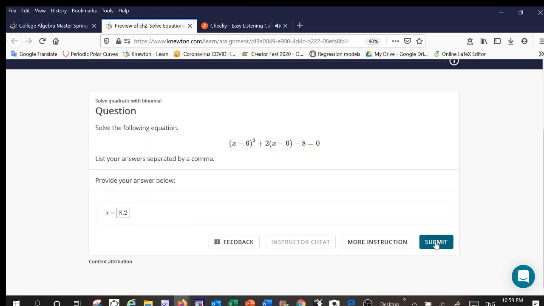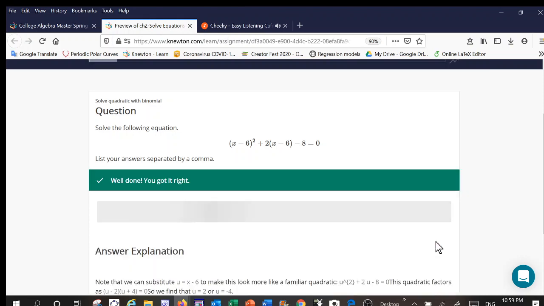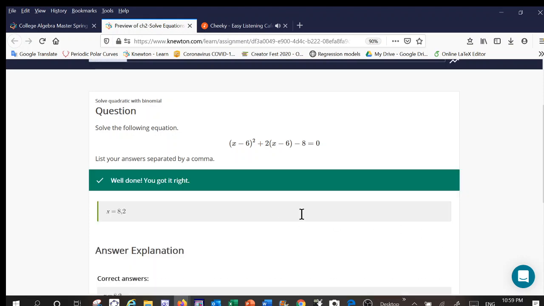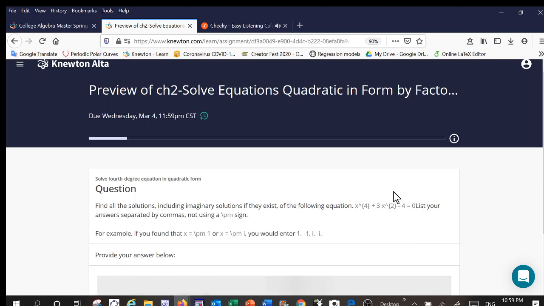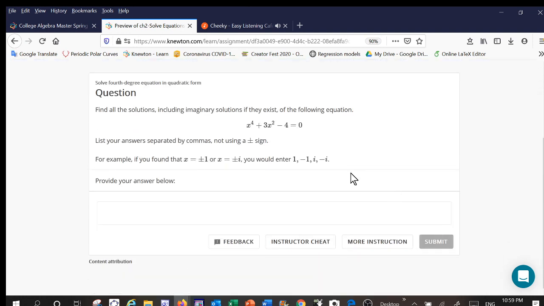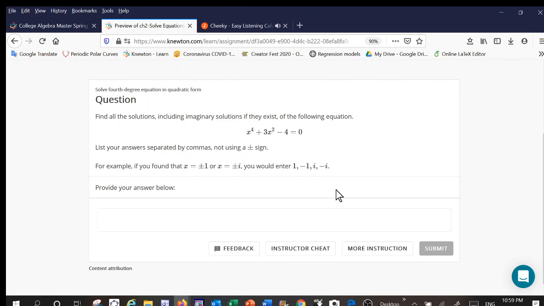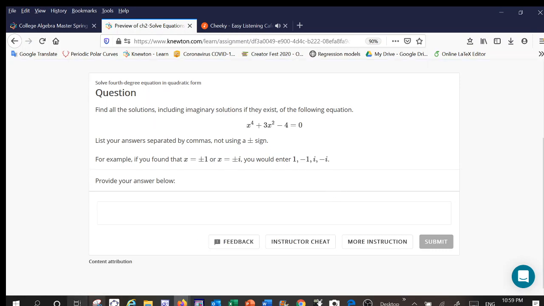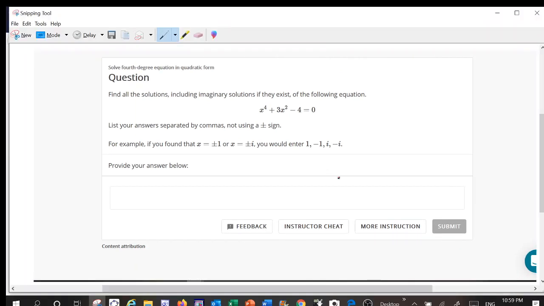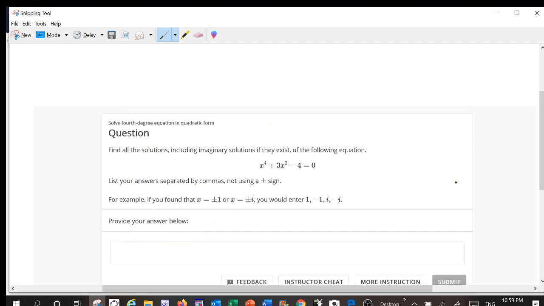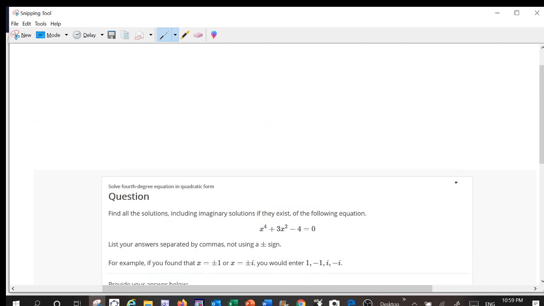All right. Now instead of m, you can use u or any other variable except for x. This one also is similar to the other one. Is it quadratic? No. This is to the 4th power. It's not quadratic, right? Can we make it quadratic? Yes.